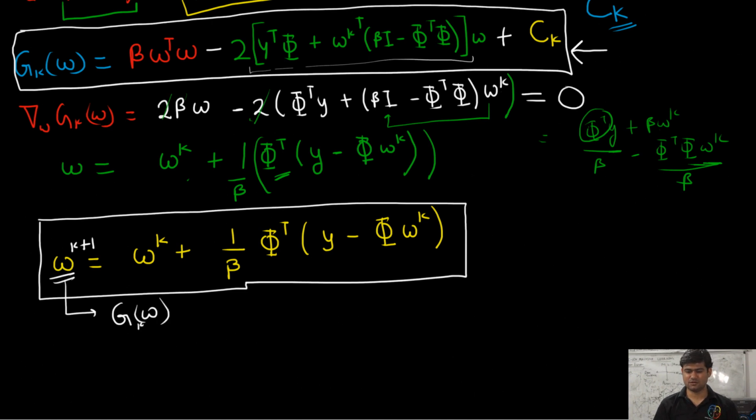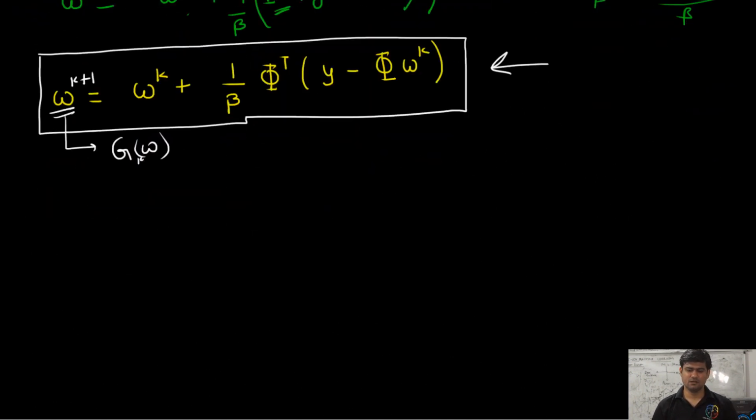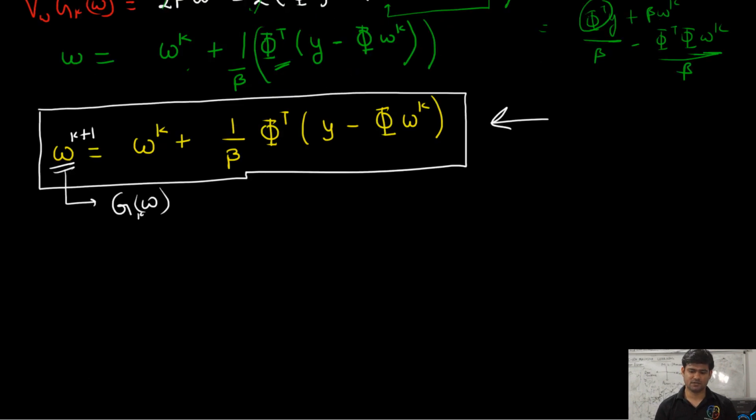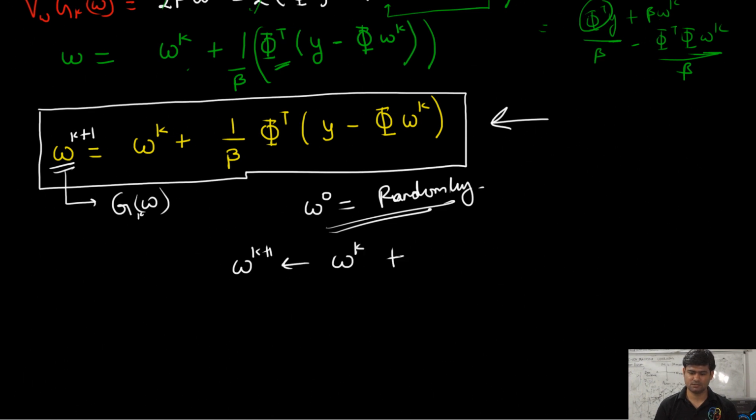So now applying this algorithm iteratively, how do we use this solution? As we discussed in the previous part, the pseudocode of the MM algorithm: we just start with any W naught, we select it randomly, and then we just do this update. Wk plus 1 equals Wk plus 1 over beta times phi transpose times y minus phi times Wk.